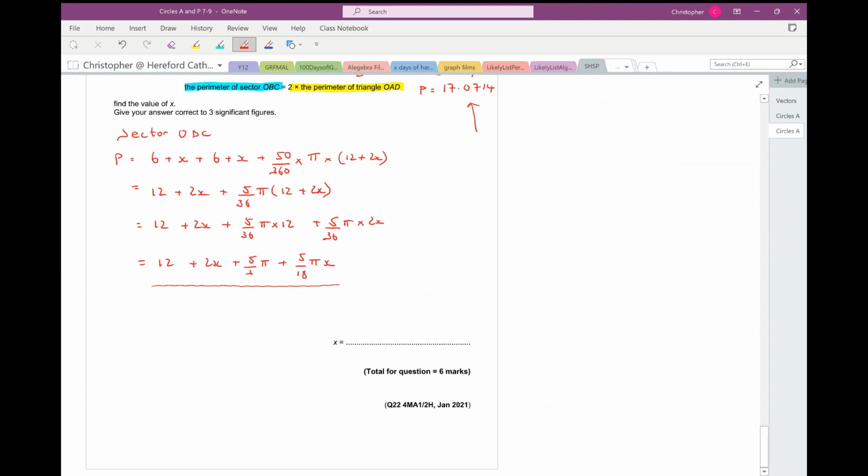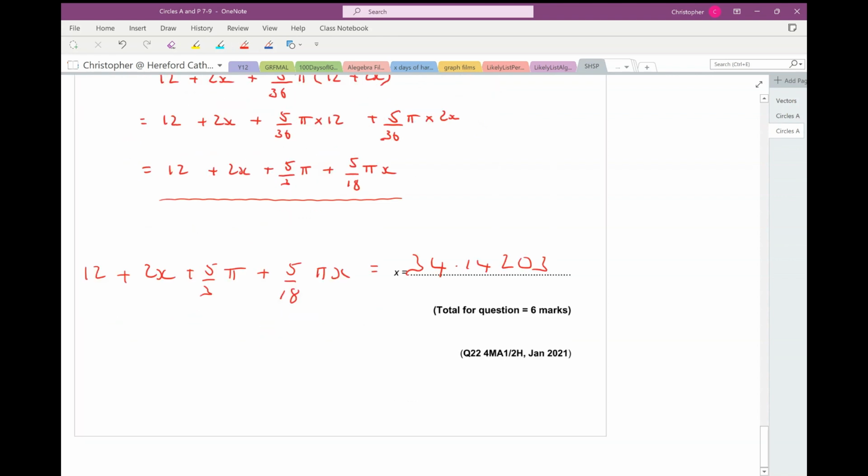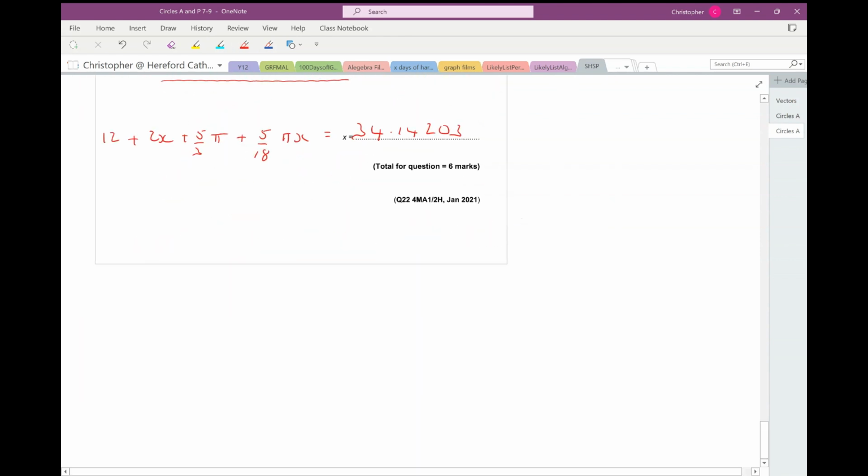So I'm going to have 12 plus 2x plus 5 over 3 pi plus 5/18 pi x, and that has to equal double 17.0714, which is 34.14203. I'm keeping all the digits on my calculator because that will help me with my accuracy.